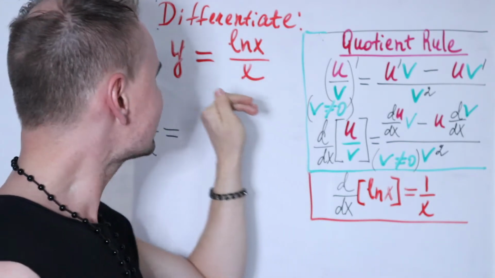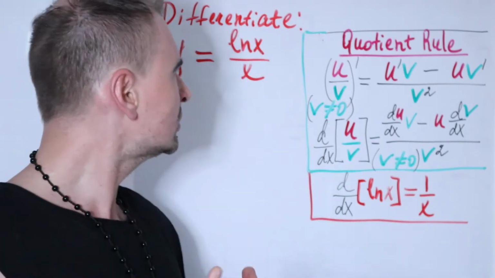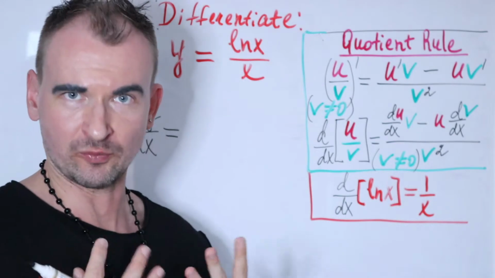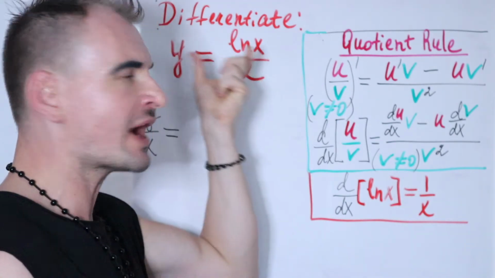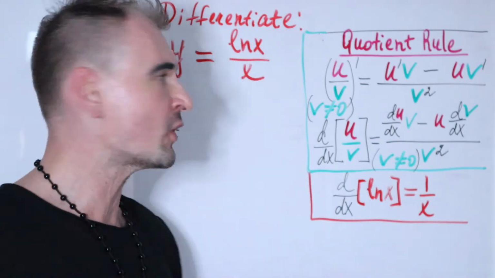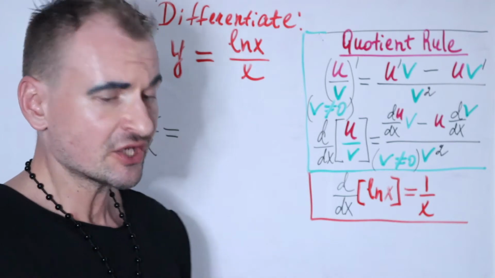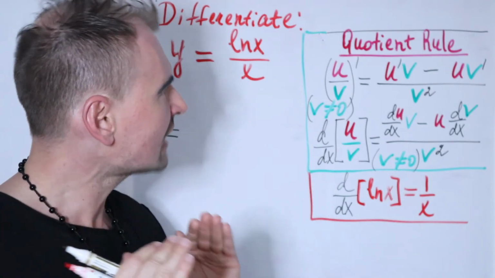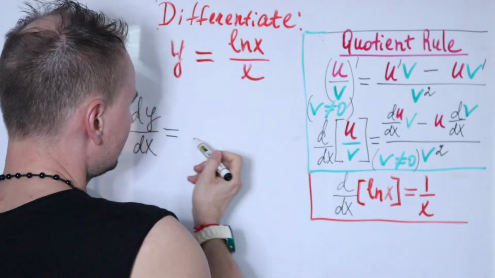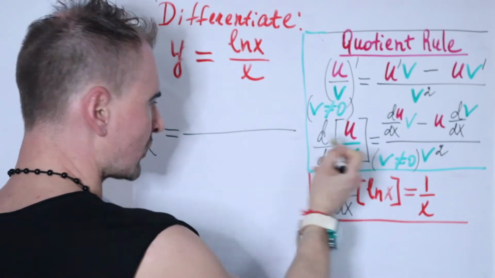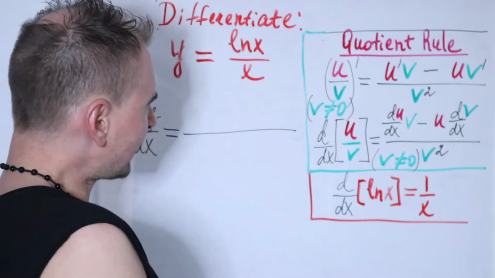Let's say you are given ln of x over x. It's a good candidate for a quotient rule, of course. You have a quotient, you have natural logarithm on top, you have x on bottom, so you have your u and you have your v. So apply a quotient rule at that point. Go ahead. So draw a bar which represents a fraction.